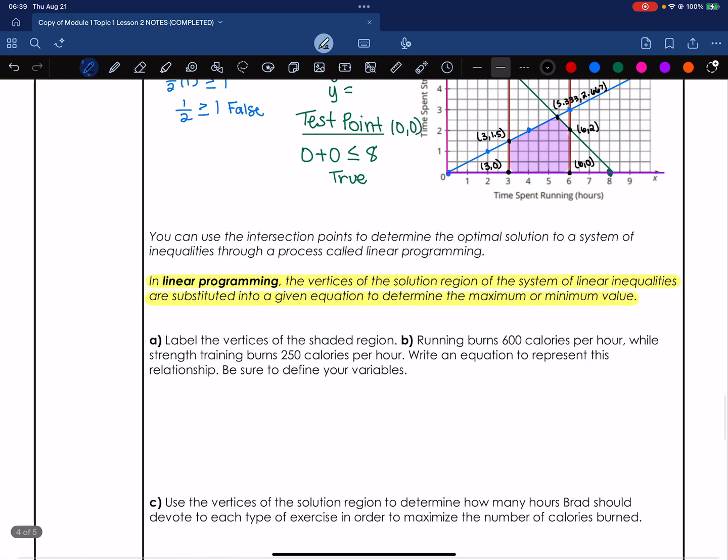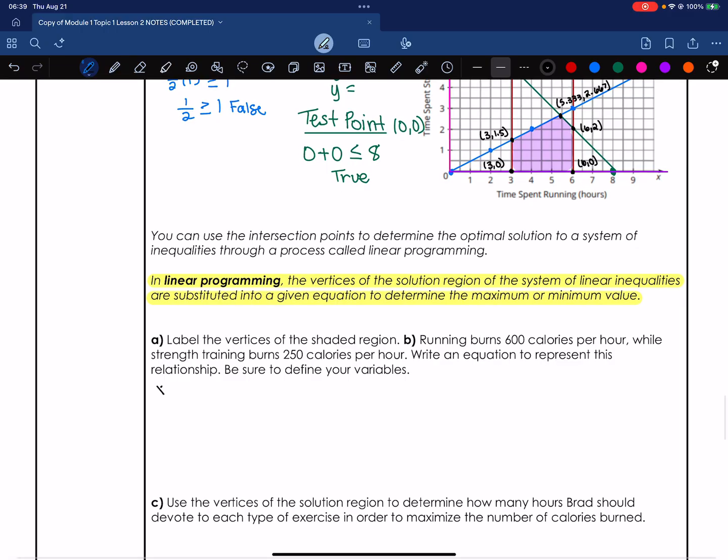Now, it says running burns 600 calories per hour while strength training burns 250 calories per hour. Write an equation to represent this relationship. Be sure to define your variables. So we still have the same variables where X is the number of hours running.